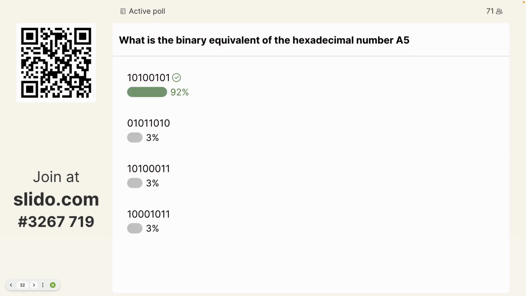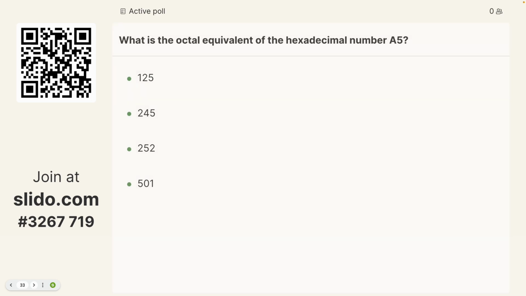Okay, so let's check out another one. This is a bit more complicated. So what is the octal equivalent of the hexadecimal number A5? So we have the same hexadecimal number A5, but this time, instead of converting into binary representations, we need to convert it further to octal representation.